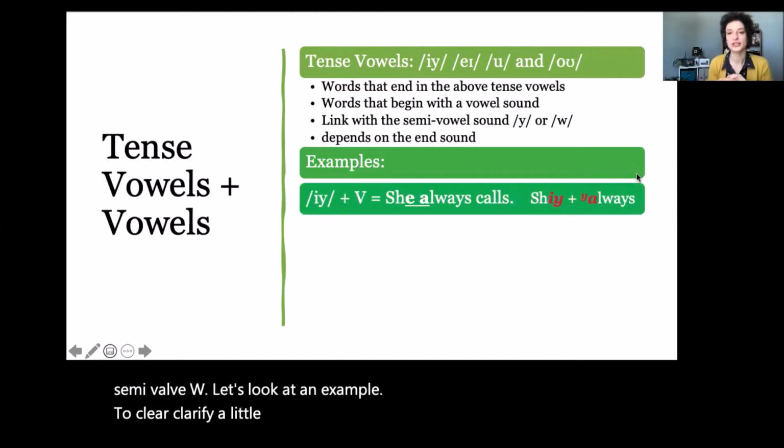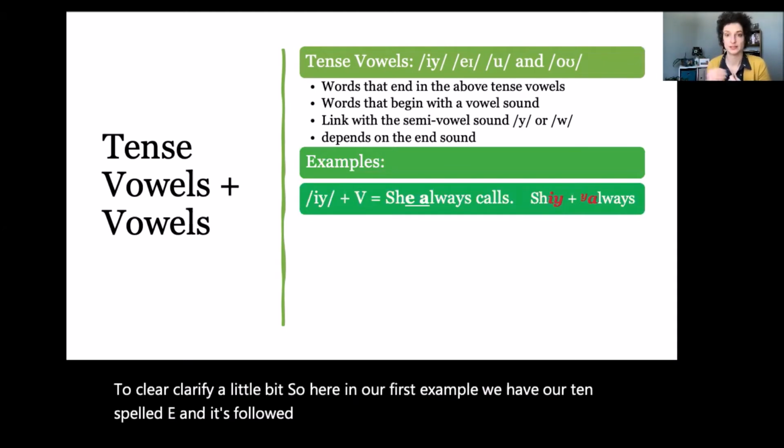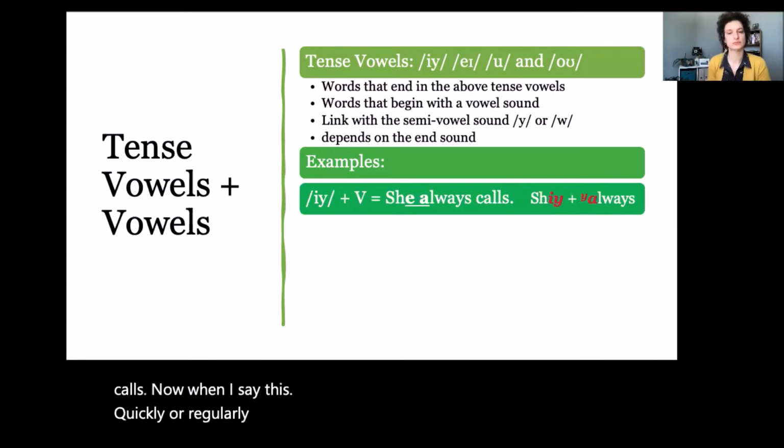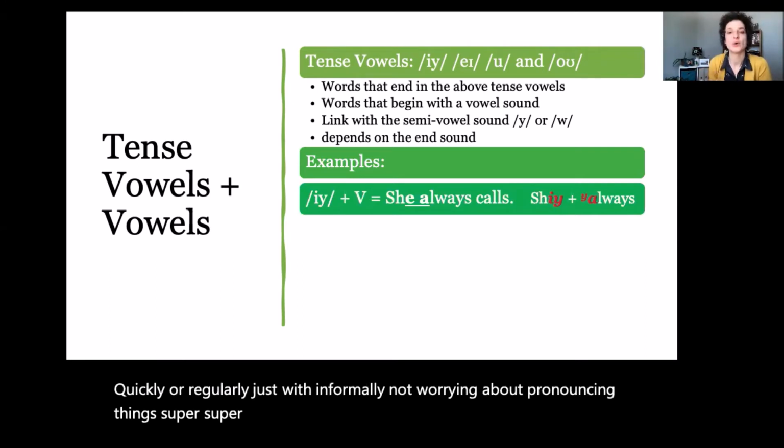So here in our first example, we have our tense vowel E, and it's followed by a word that begins with a vowel. She always calls. Now, when I say this quickly or regularly, informally, not worrying about pronouncing things super clearly, she always.